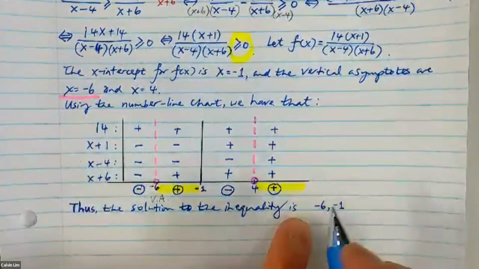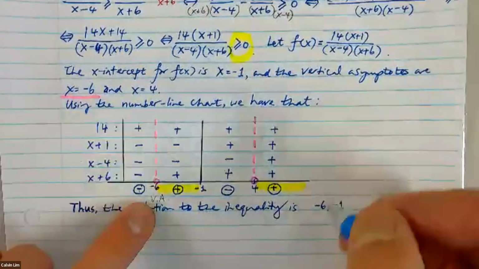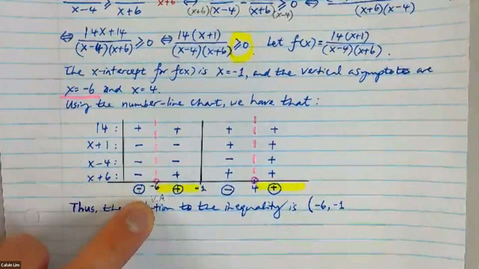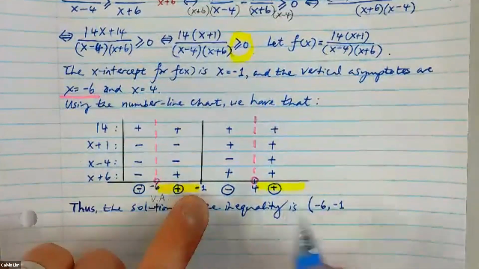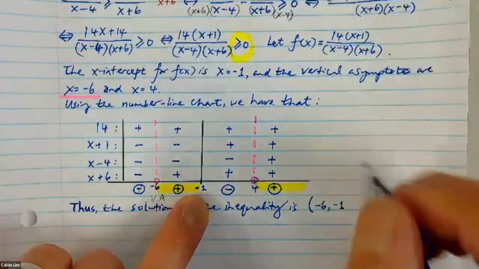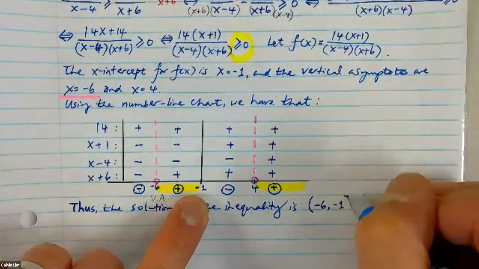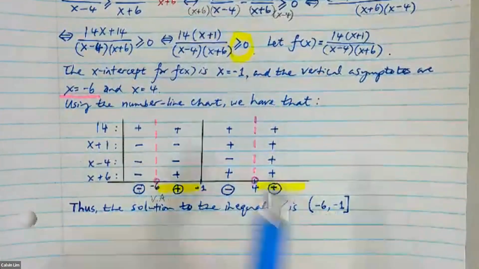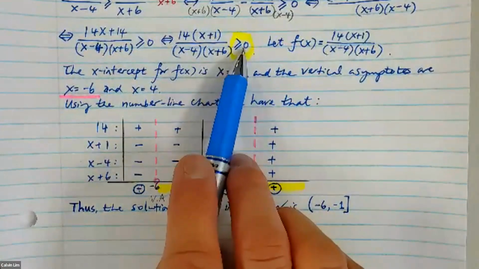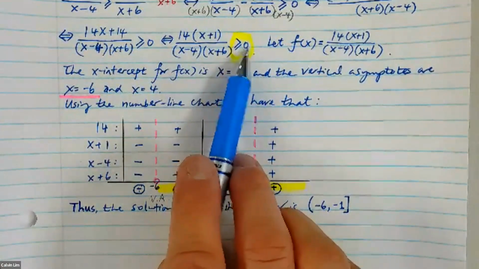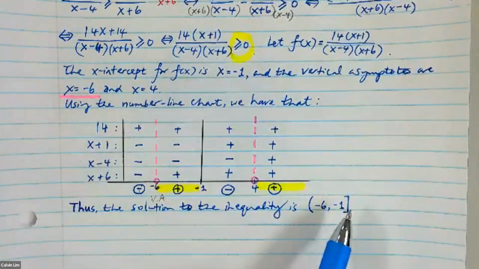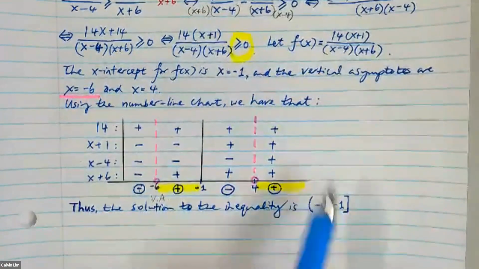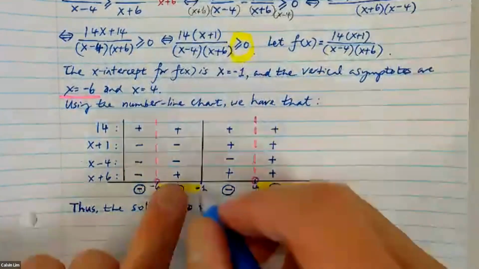No, because it's a VA, so the graph never crosses the VA. At -1, do we include it? Yes, because this is an x-intercept, and we are solving for the x value where f of x is 0. Okay, so we're done with that.